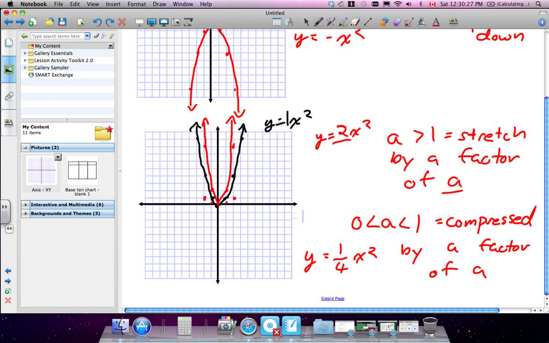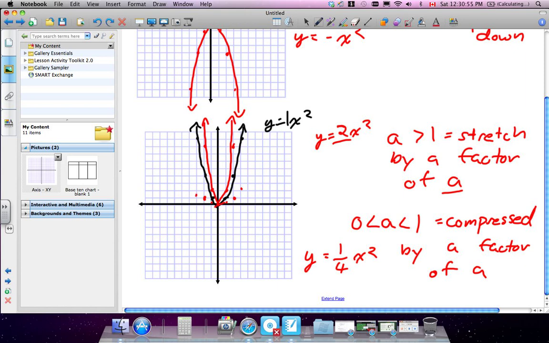Let's try 3. Normally I go over 3, and 3 squared is 9. I multiply that by a quarter. I get 9 over 4, which is 2 and a quarter. So I go up 2 and a quarter, or 2.25. So I go over 3, up 2 and a bit.